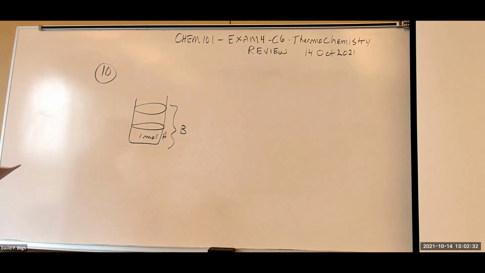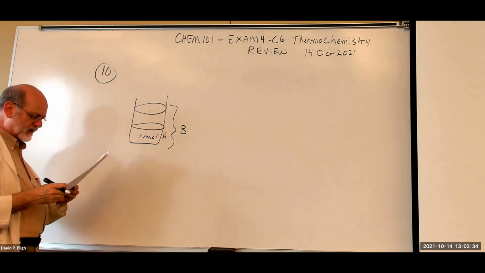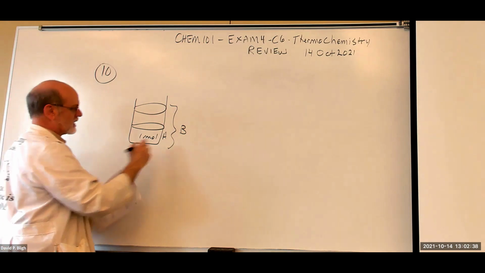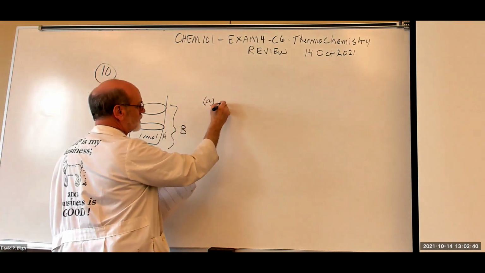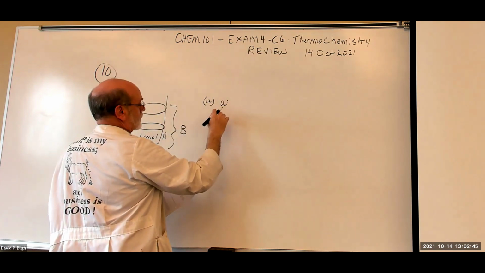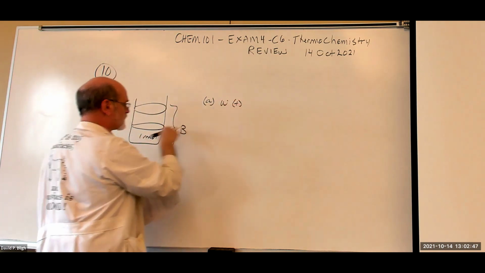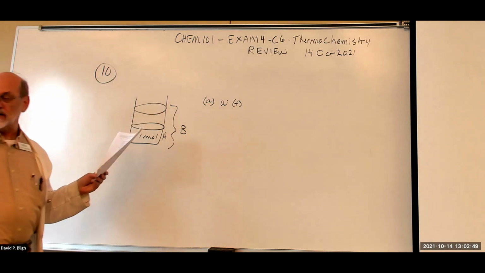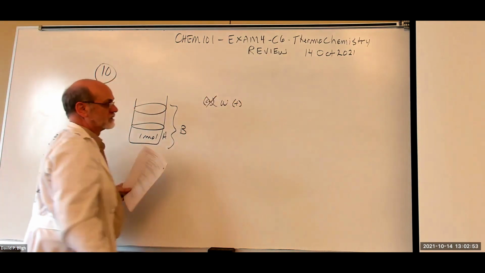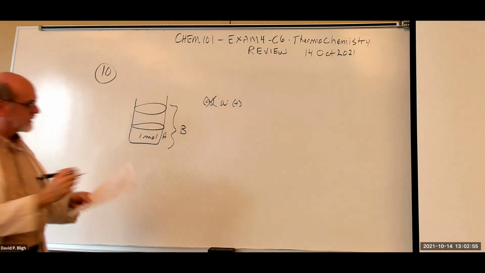When the gas expands from state A to state B, the surroundings are doing work on the system. Is that correct? That would make work positive. But an expanding gas is doing work on its surroundings, so that has to be negative. So this one is false. How about B?